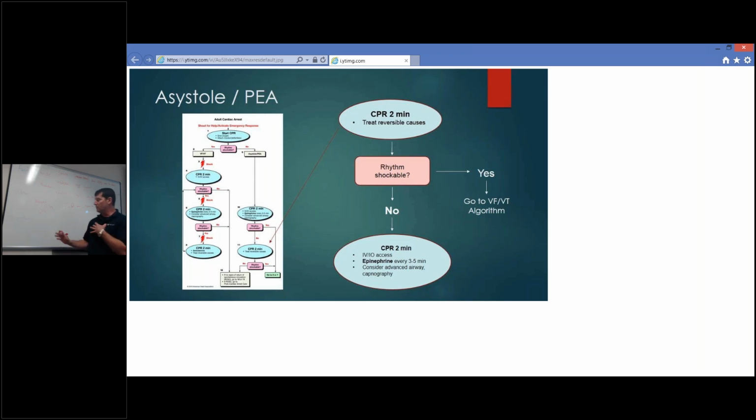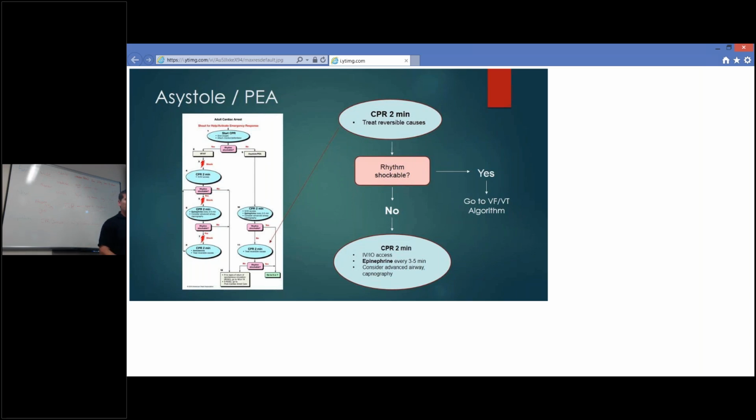So my non-perfusing rhythms, if I have asystole or PEA, they have no pulse, I am going to do CPR in 2-minute cycles, and I'm going to do 1 milligram of epi, 1 to 10,000, every 3 to 5 minutes.